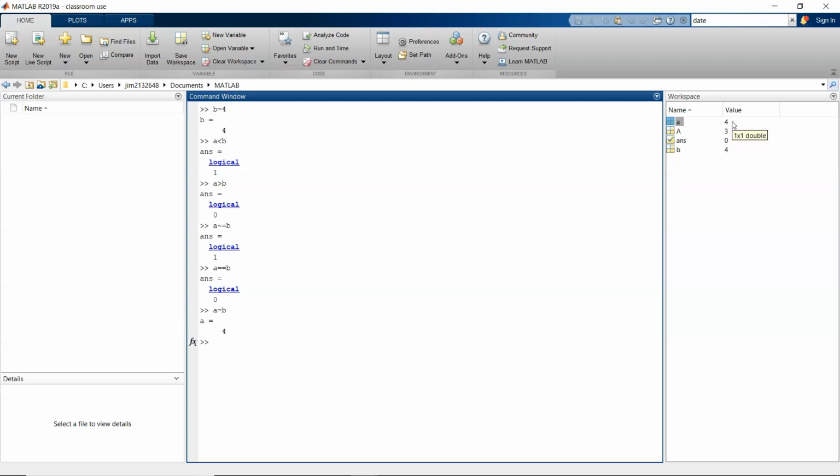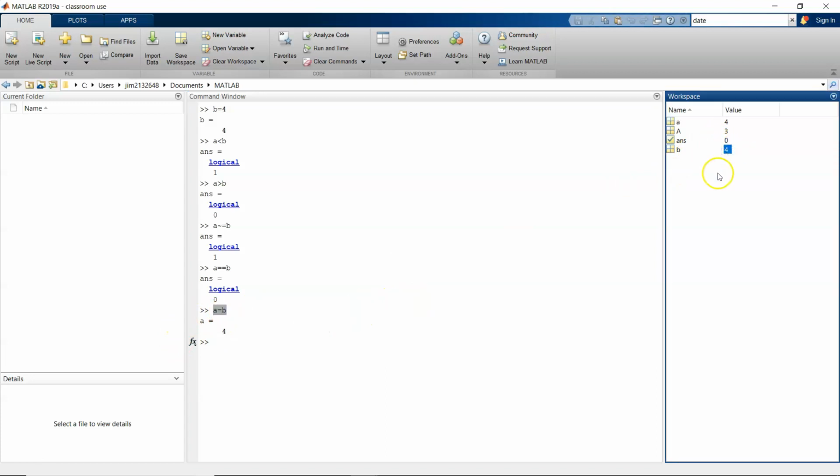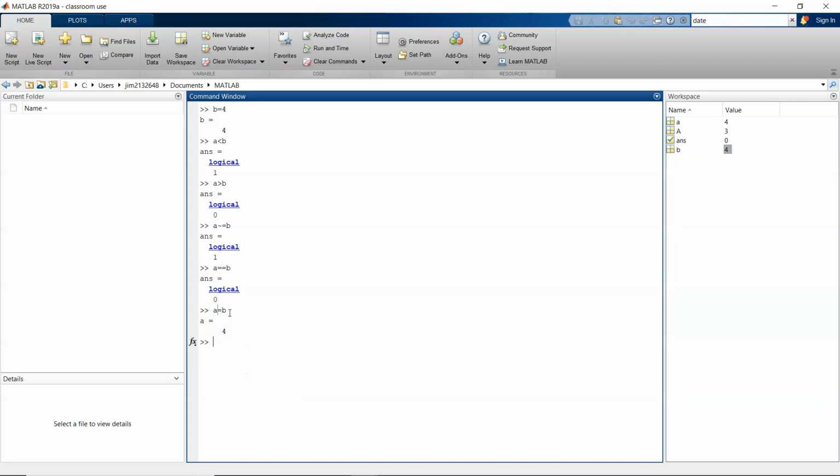This is putting the value of b into a. It's not a comparison. It's not asking, are they equal? It's setting a equal to b. It doesn't make b equal to a. It makes a, what's on the left, equal to what's on the right.